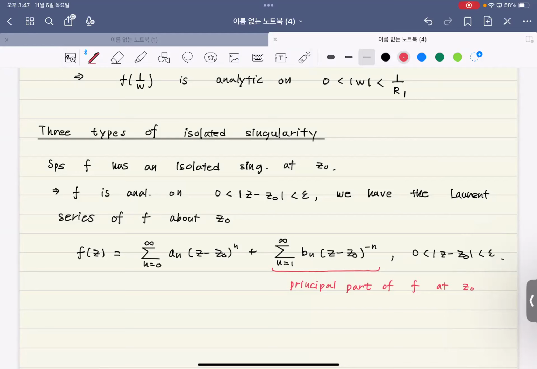When z is getting really close to z0, this guy will actually dominate when you try to determine the behavior of f. So this is why we call this the principal part of f. And just by looking at this side, we can classify singularities into three different types.